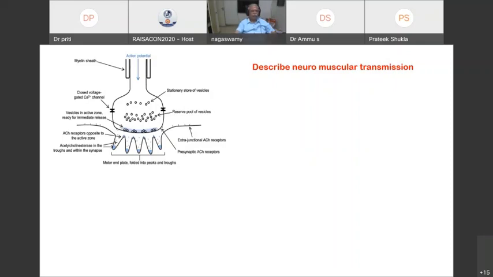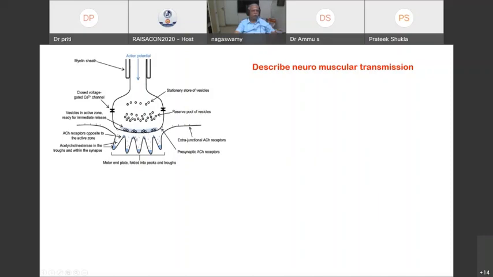For that, which is very, very important, shown in this picture, sodium, calcium. See, the closed voltage-gated calcium channel. So calcium first must enter here. Then only it can allow the vesicles to come to the presynaptic junction area. Then they will be broken.